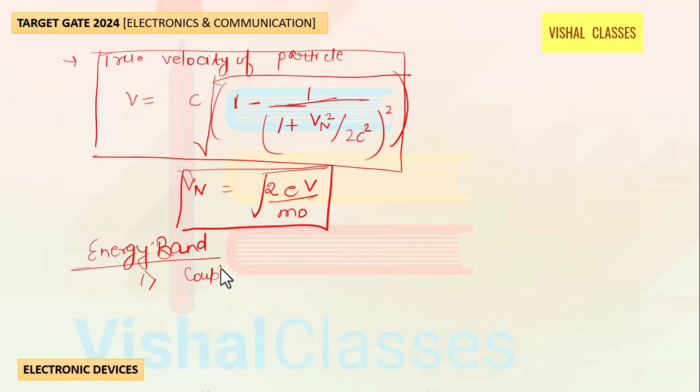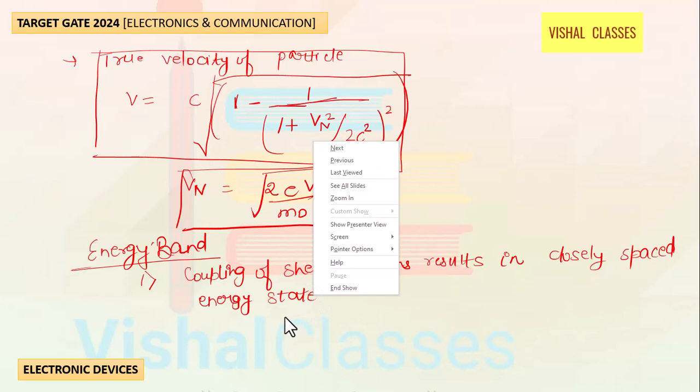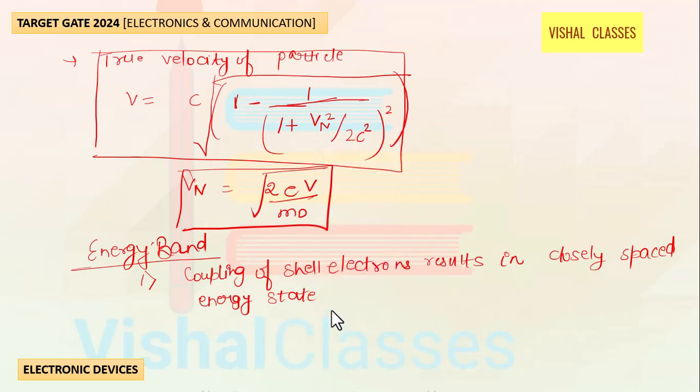Coupling of shell electrons results in closely spaced energy states.